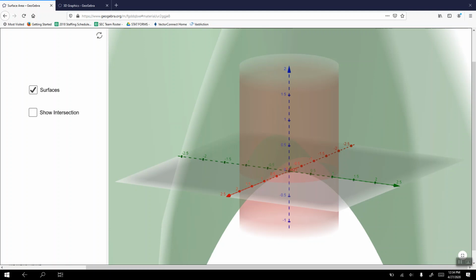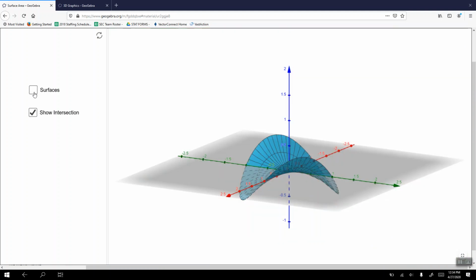So I took the liberty to parameterize that intersection, and I have it here. The hyperbolic paraboloid is intersecting with the cylinder, and it's making this type of surface. And what I want to do now is find that surface area.